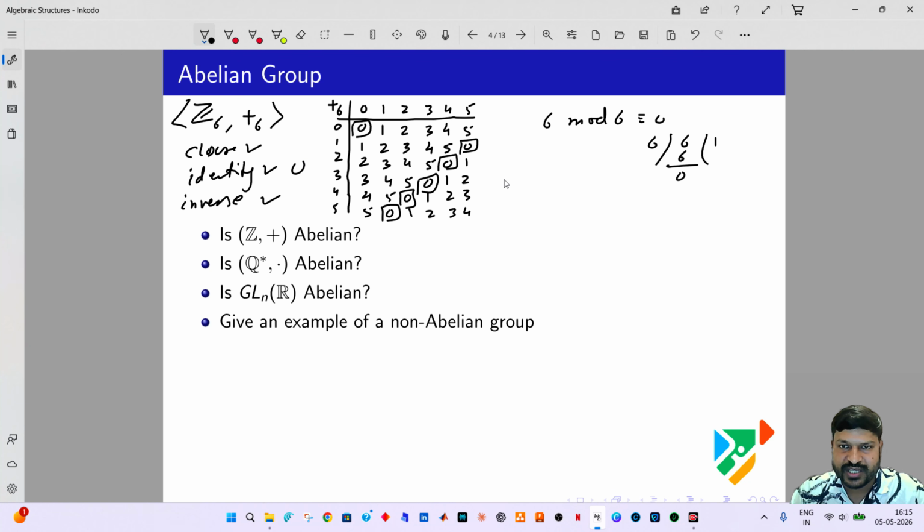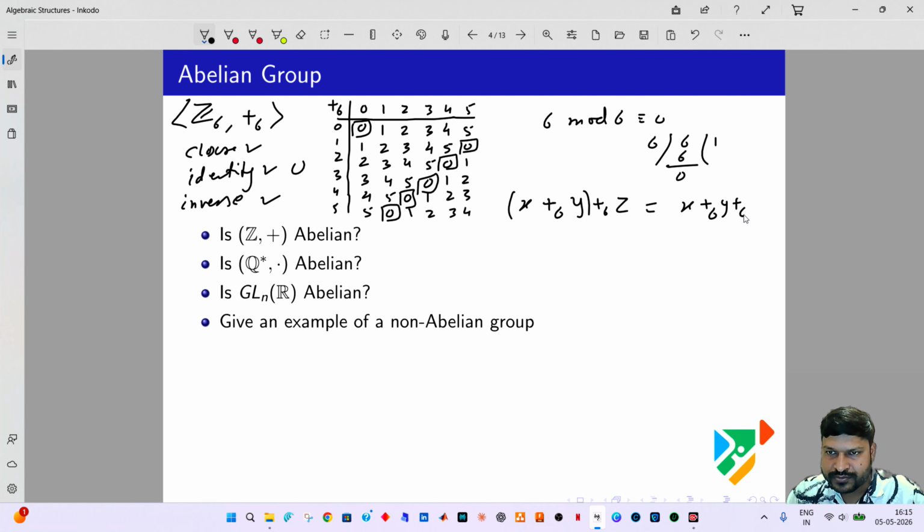As for the associative property, in general, this is true. We have discussed in the class that x plus modulo 6 y plus modulo 6 z, you can put the bracket wherever you want.